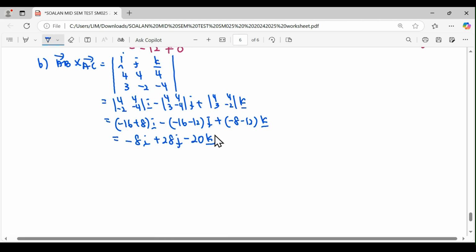So this is our vector normal, getting from cross product. So how to calculate its unit vector? We need to find out its magnitude first. For square root x squared, y squared, and z squared.